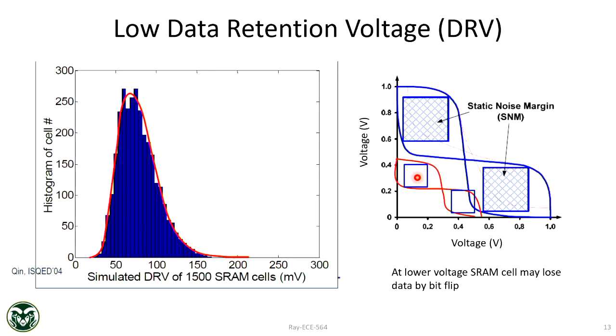So that's what happens in DRV. When you measure DRV, as you go down and down, a little bit of noise will make the cell change its state. In other words, your SRAM is becoming more sensitive to noise. It is no more static anymore, or no more a stable cell. As you hold this data at a lower voltage, it will be more sensitive to environmental or thermal noise and other things.